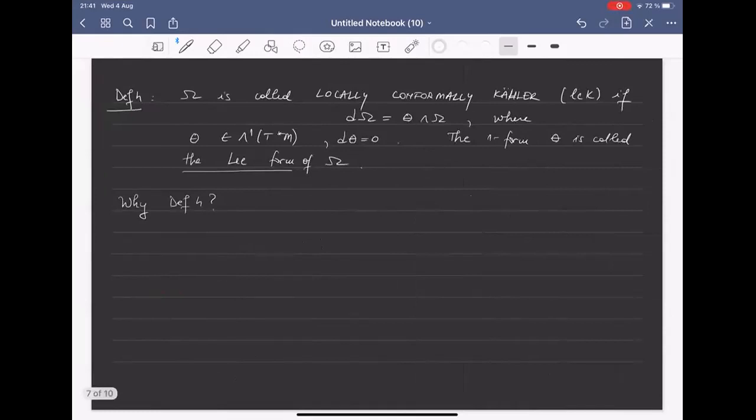So how come this might be an interesting object, asking omega to satisfy this kind of equality, d omega equals theta wedge omega, where theta is a closed one form? Well, to begin with, the advantage is that definition 4 is conformally invariant. So from the point of view of conformal geometry, this definition would be the next best thing to a Kähler metric.